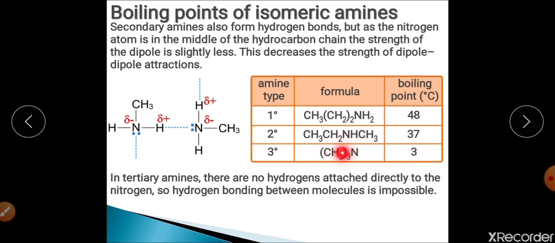The secondary amine has hydrogen bonding, but its dipole is slightly less in comparison to primary amine. So primary amine is more polar, it will have more dipole, and because of that it will have a high degree of hydrogen bonding, and because of that the boiling point of the primary amine is more in comparison to secondary amine, and secondary in comparison to tertiary amine.